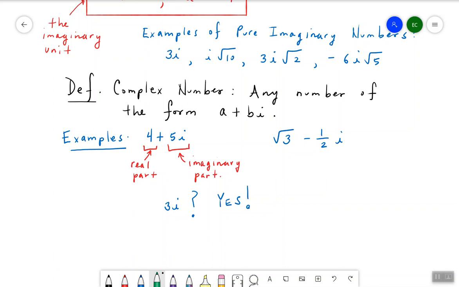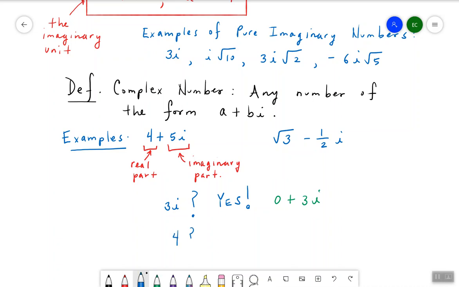The value of a would be 0, because 3i can be written as 0 plus 3i, then 3i is a complex number. Complex numbers where the real part is 0 are called pure imaginary numbers, and so we have a few listed out here up above.